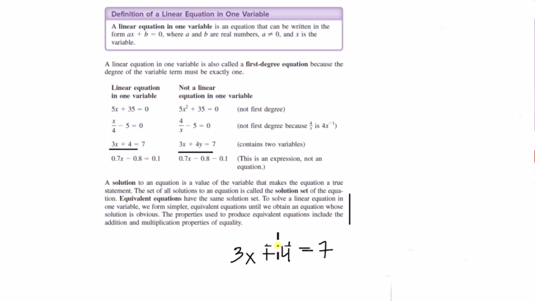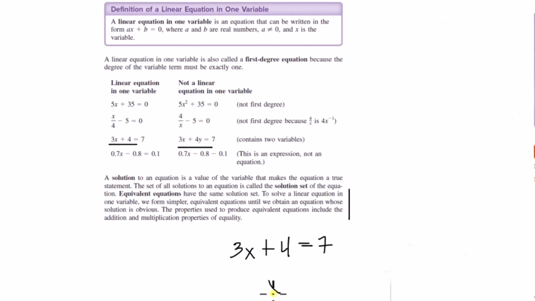So if we can produce some equivalent equations that we know have the same solution set, but they're simpler, then great. If we can make it simpler and simpler and get an equation that has an obvious solution set, like x is equal to just some number, well, if we know it's equivalent to this, then we have the solutions to this.